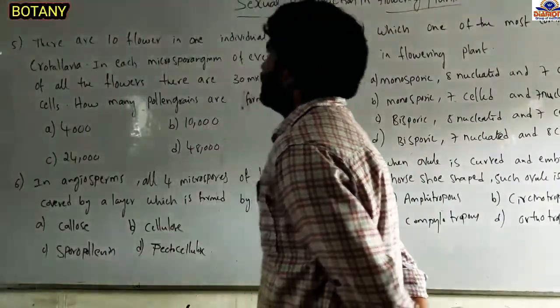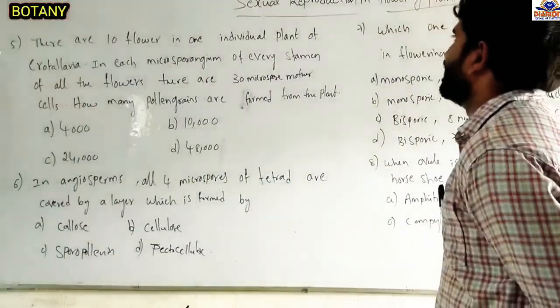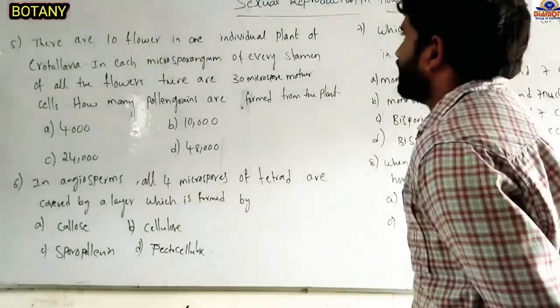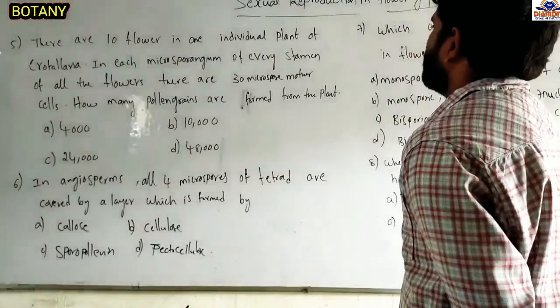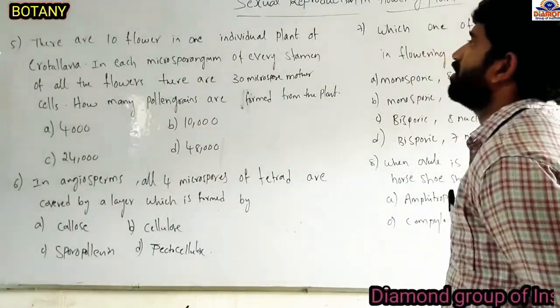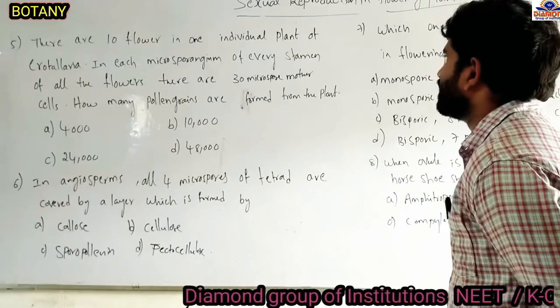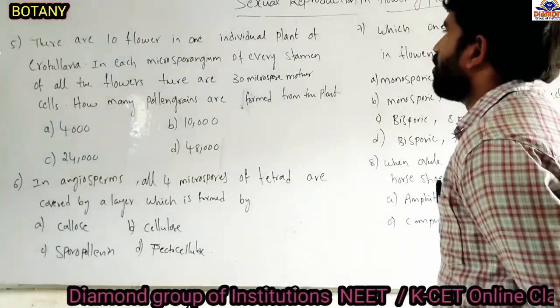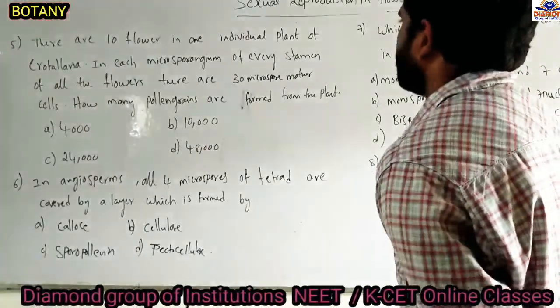Next question. There are 10 flowers in one individual plant of Fritillaria. In each microsporangium of every stamen of all flowers, there are 30 microspore mother cells. So how many pollen grains are formed from the plant?